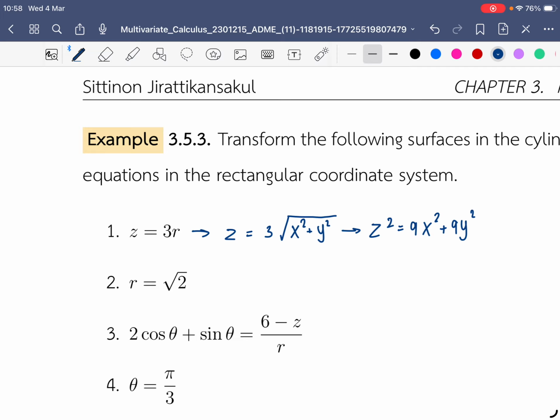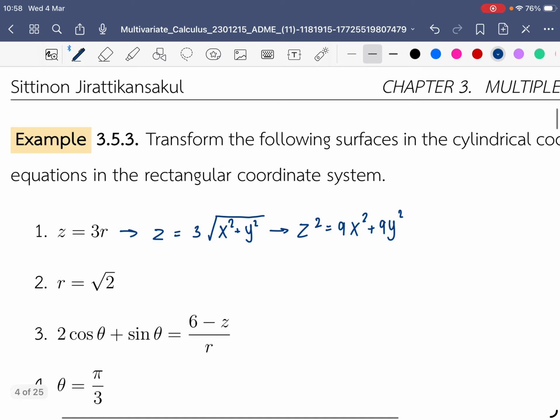So what is the surface? Cone, right? Is it like a full one? No. Good. Because it has a square root. So z is supposed to be greater than or equal to 0. Because we are starting from like this, so this is a half cone.